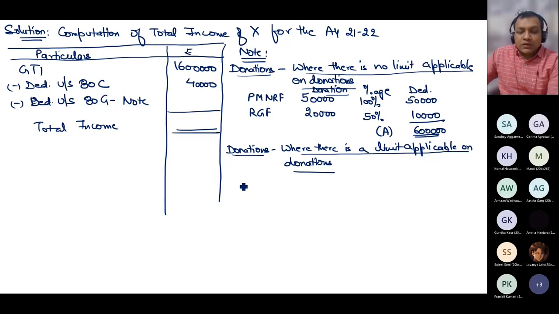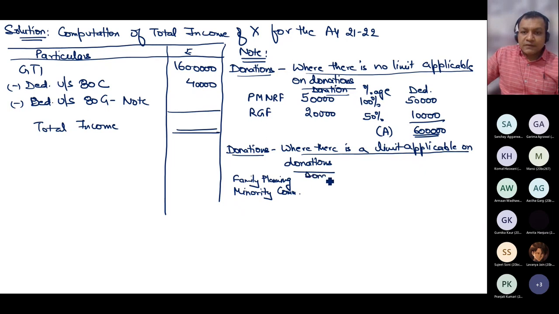So first you tell the names. It is government family planning. I'm using the short form, family planning. Then for the promotion of interest of minority community. Now how much is the donation in family planning?